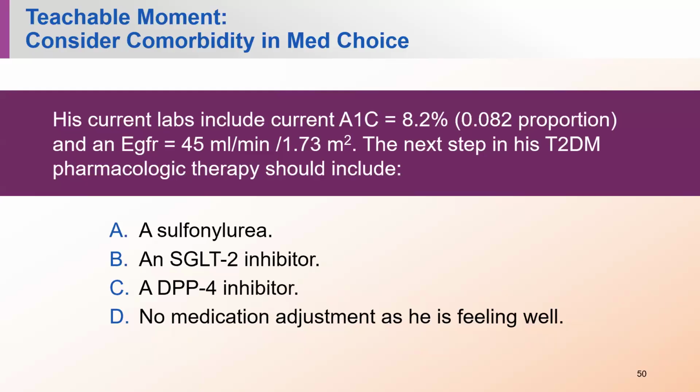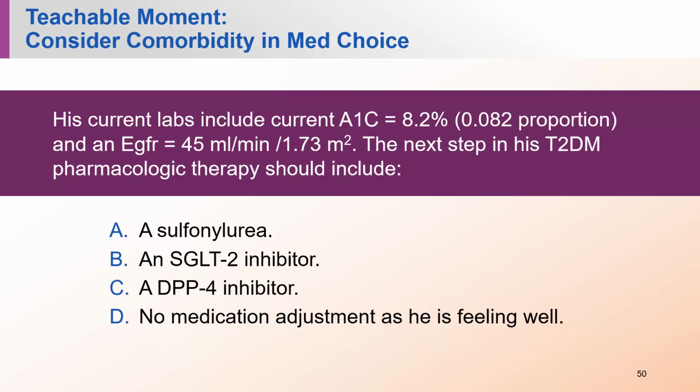Obviously, it's going to be a person like this, for whom the sulfonylurea is going to hang around for a long time because his GFR is down. If he were to take a sulfonylurea and become hypoglycemic, he's going to be hypoglycemic for hours, if not days, because the med will just hang around.